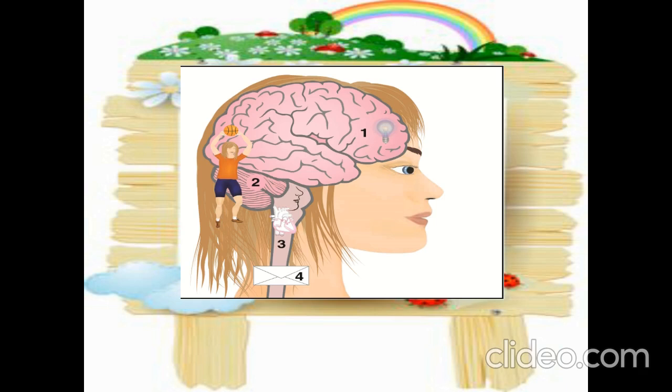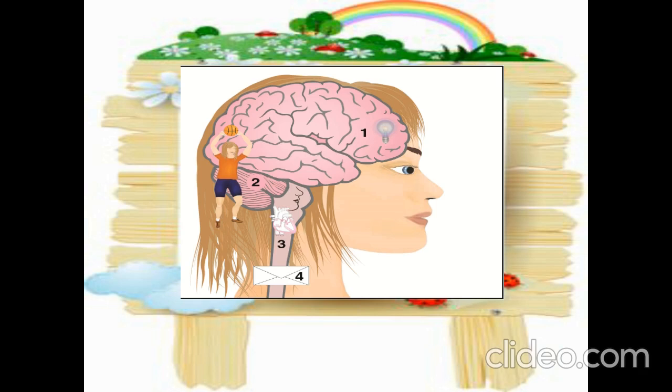You all said that the cerebrum part does the work of thinking and the cerebellum part does the work of controlling the muscle movement, and the medulla oblongata part does the function of maintaining constant breath and heart rate, and spinal cord is responsible for passing messages to all parts of body, right?